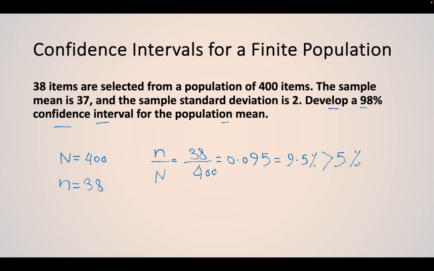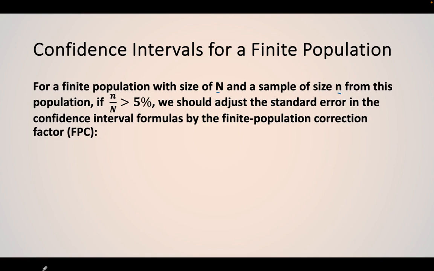Because the ratio between sample size and population size is more than 5%, I need to follow this rule. I need to adjust the confidence interval formula by the finite population correction factor, or FPC.